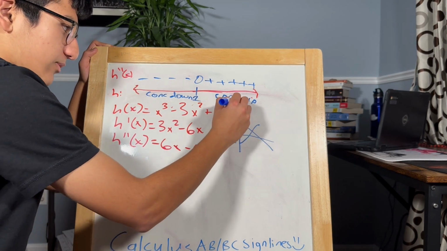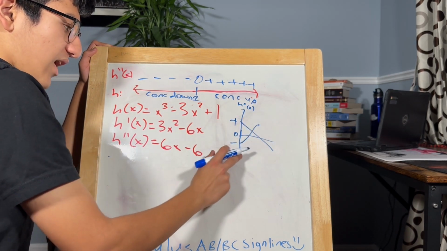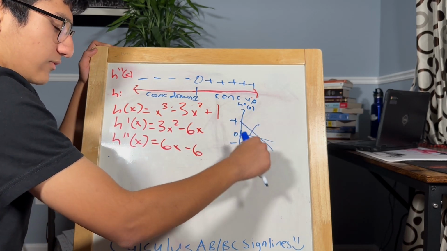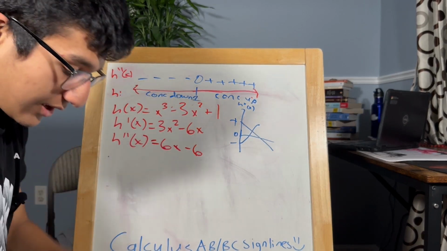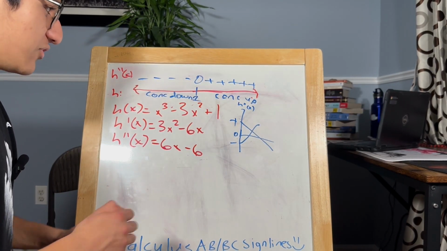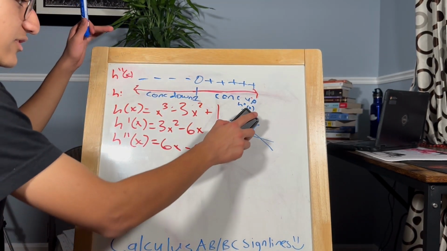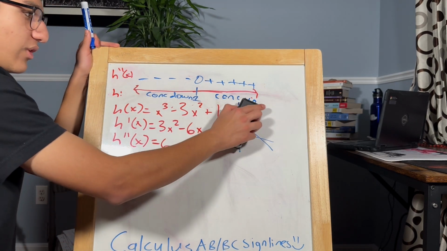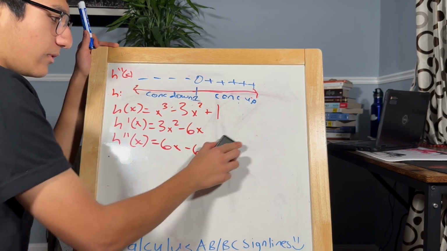This is h double prime, by the way. And in this example, it would go from positive to negative. So it's changing concavity, and it's the point of inflection. So if they ever ask you how to find it using a graph, now you know.